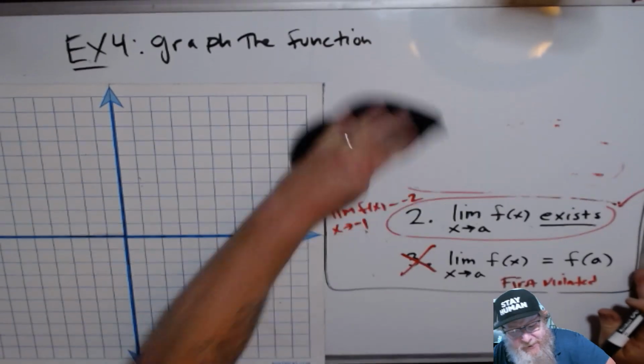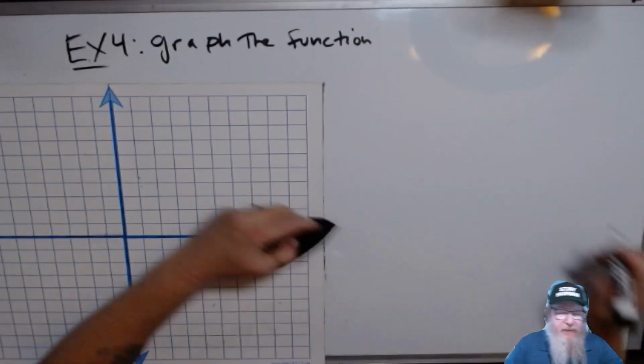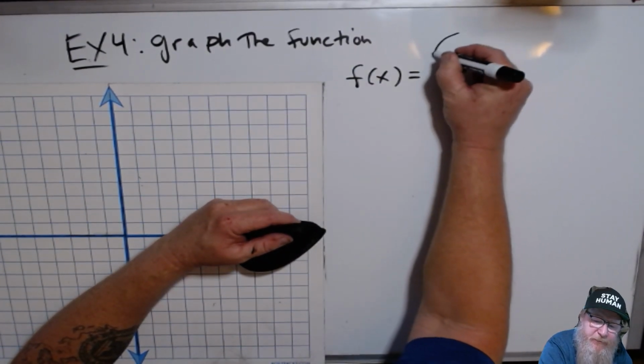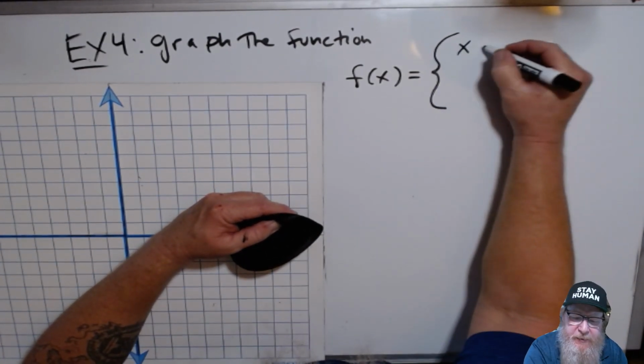And we're going to also see a new type of function today. It's called a piecewise function. We'll start off with two pieces.